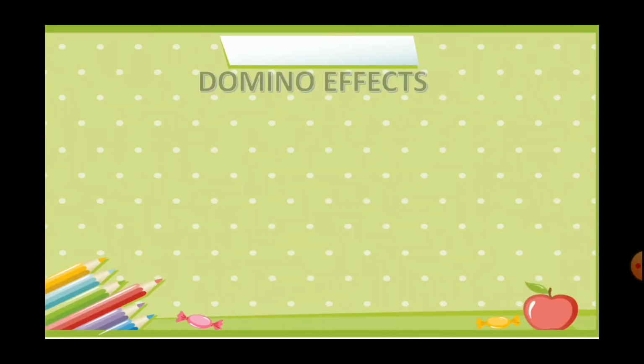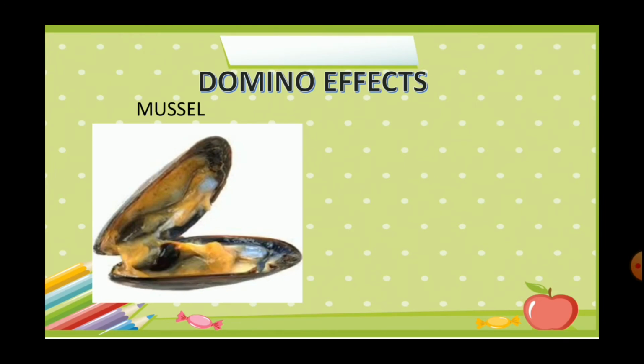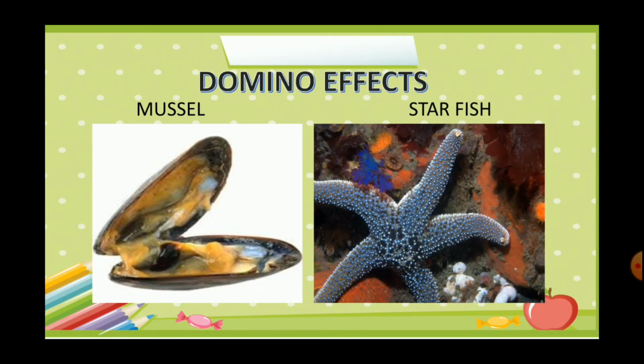Another is the domino effect. The domino effect occurs when the removal of one species or the addition of one species affects the entire ecosystem, and this effect is very strong when two or more species are highly interdependent. For example, the starfish eats mussels, and mussels in turn prey upon other animals.